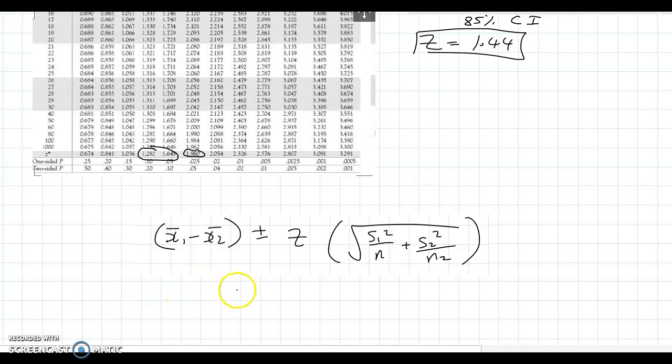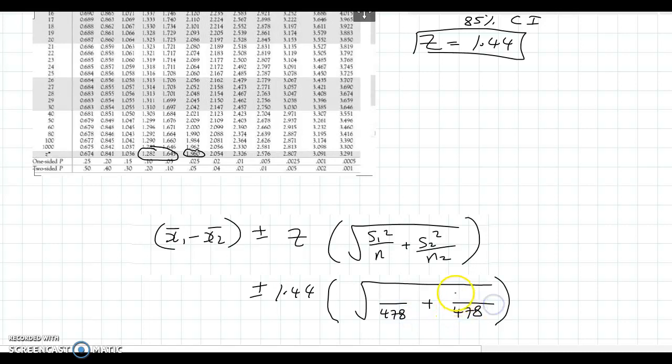So for Z, we're going to have plus or minus 1.44 multiplied by, I'll put that in brackets, the square root. I'm just going to fill in our values here, and it was 478. Both samples were n equals 478. Something squared here, something squared here, and x bar 1 minus x bar 2. So I'm ready to put them in.